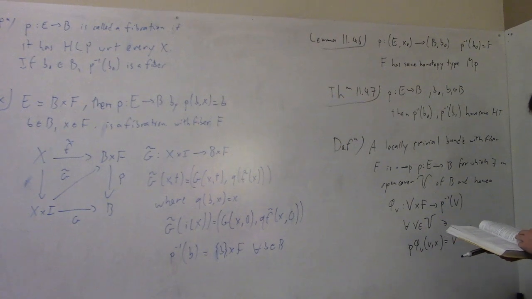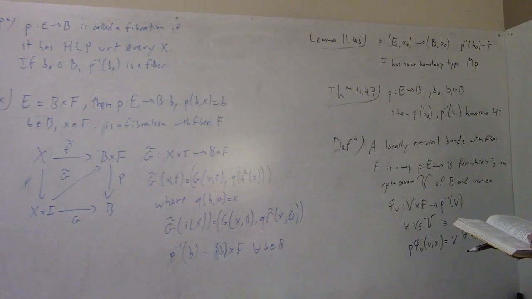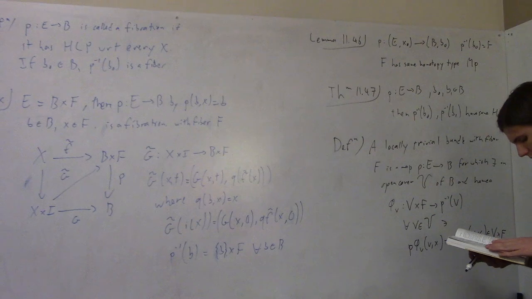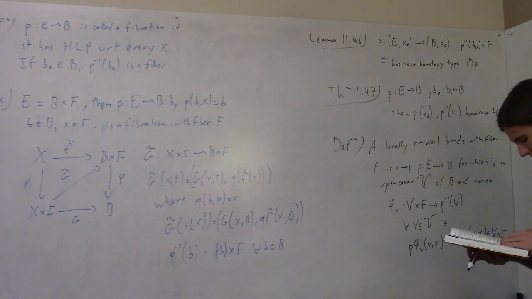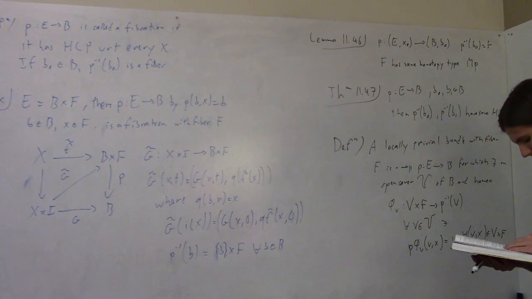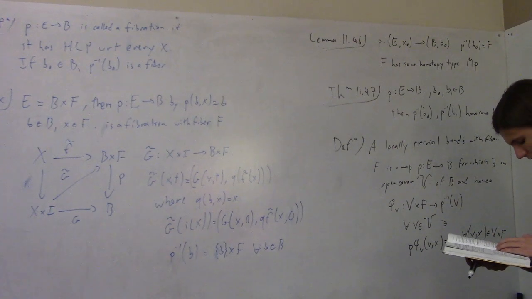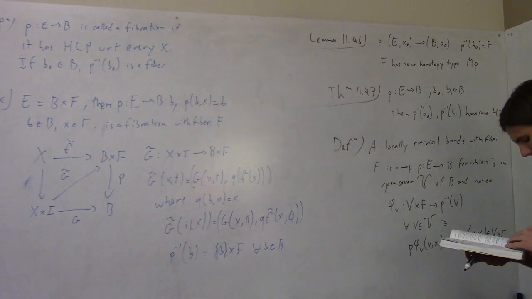And also the projection of the local trivializing map composed gives you the point over which the fiber is sitting. So it's like this simple property about it.